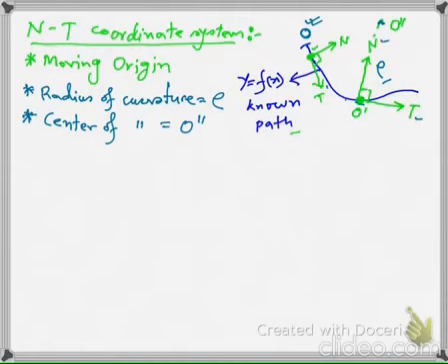On those axes we need to define a unit vector for the direction. For the normal n axis we define the unit vector as n, and for the t axis we define the unit vector as t. So you see it's in vector form, a direction on those axes.